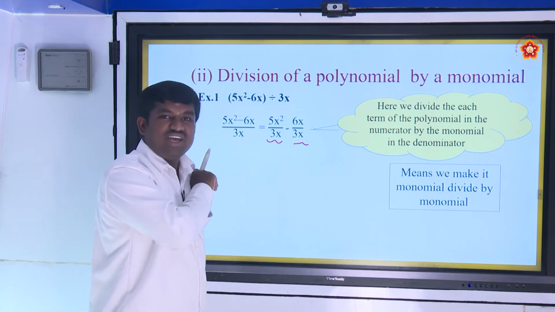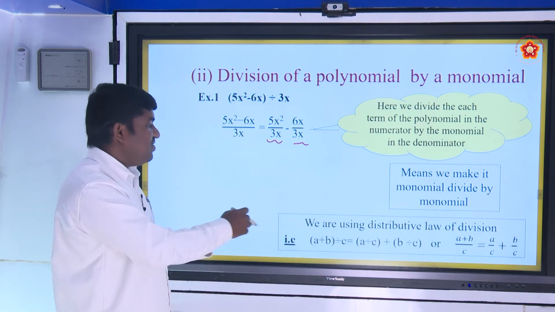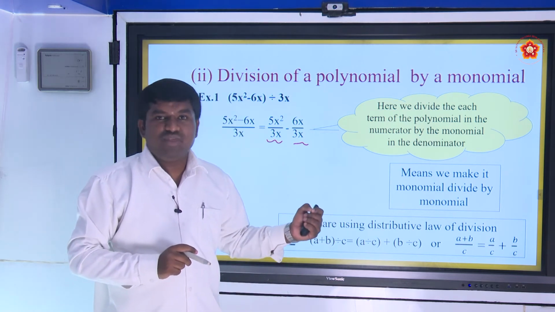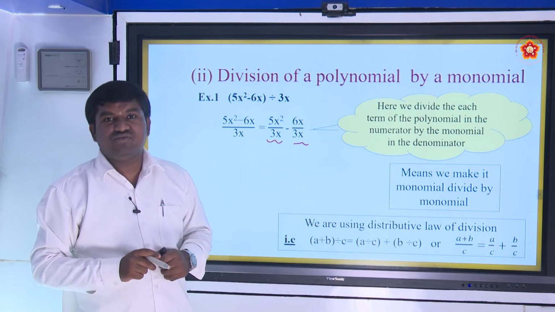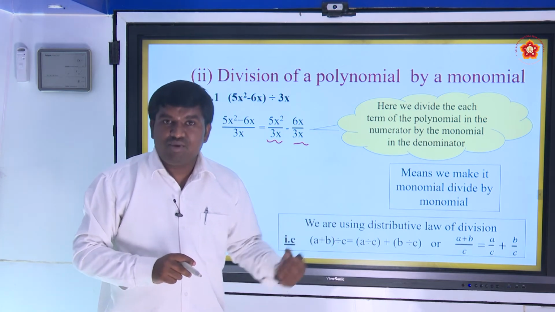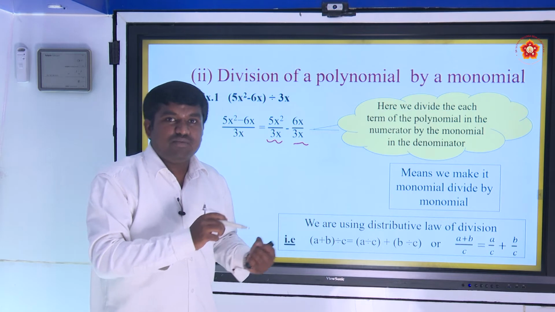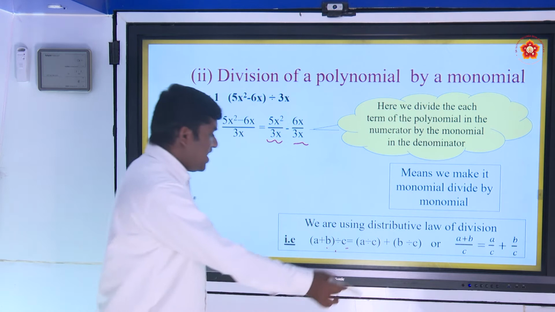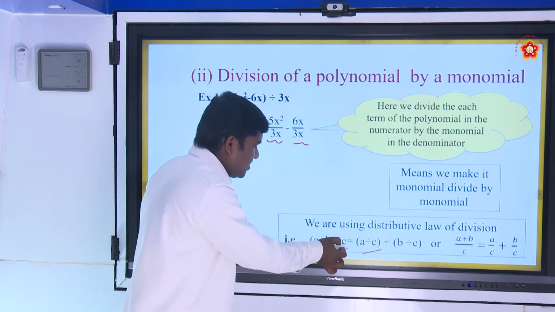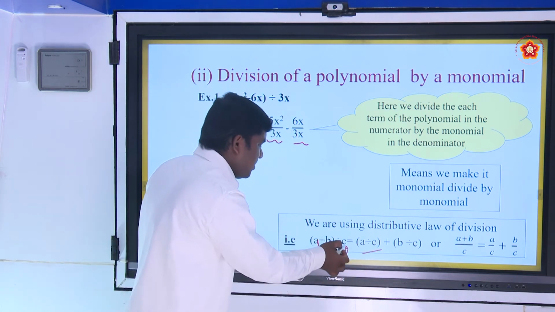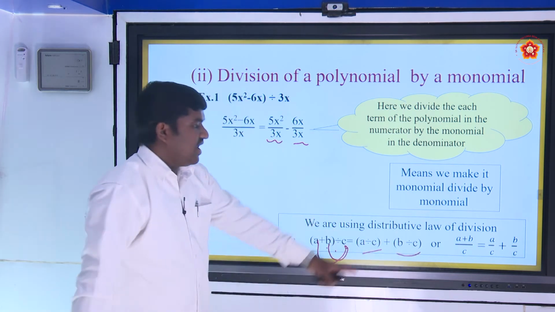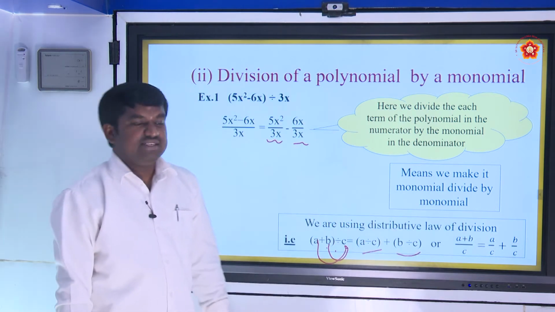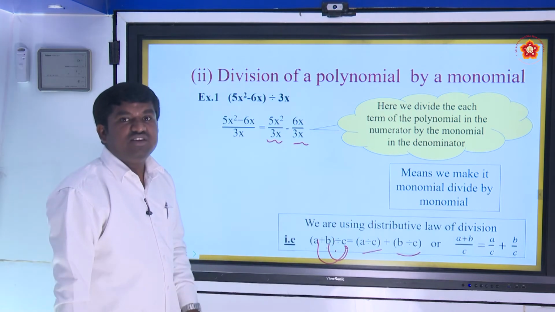Which formula are we using here? We are using the distributive law of division. That is, (A plus B) divided by C is equal to A divided by C plus B divided by C. This is the distributive law of division.